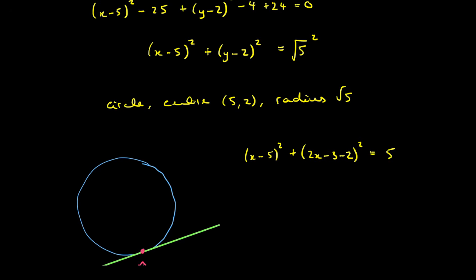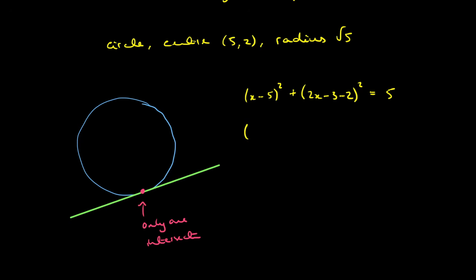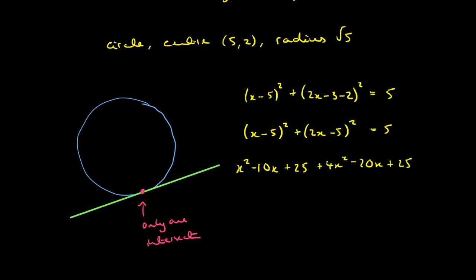So that's 5. So this becomes x minus 5 all squared plus 2x minus 5 all squared is equal to 5. So expand this: x squared minus 10x plus 25 plus 4x squared minus 20x plus 25 is equal to 5.